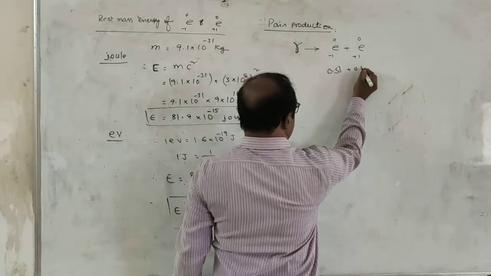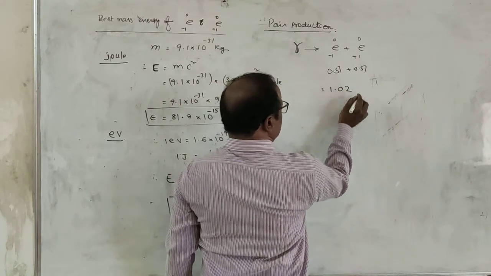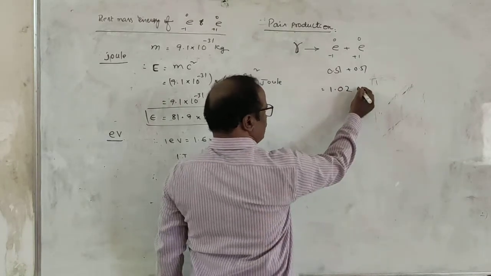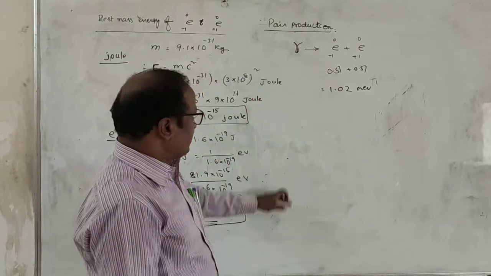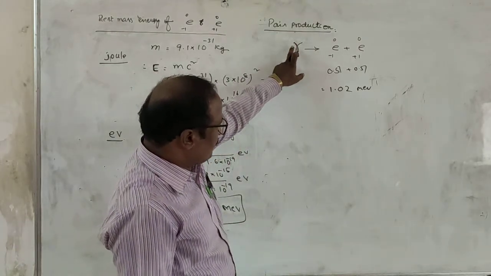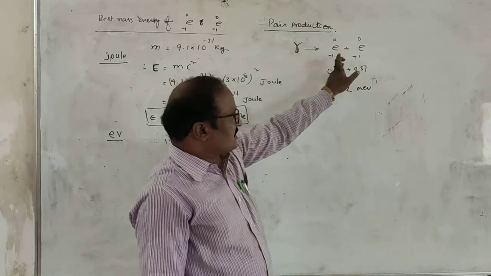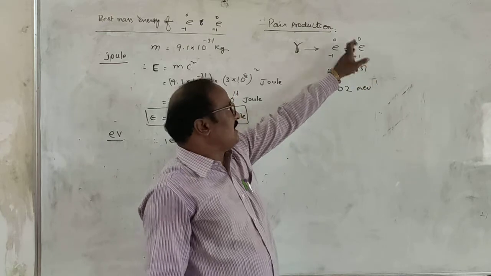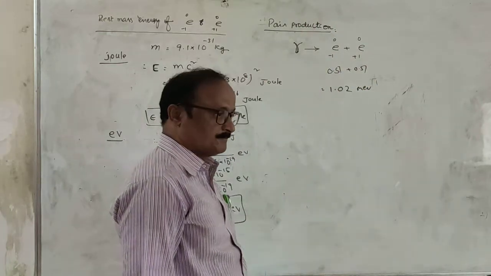0.51 plus 0.51. What is the total value? 1.02 MeV. That's why the minimum energy of a gamma ray photon required to form an electron and positron, or to form the pair production, is equal to 1.02 mega electron volts.